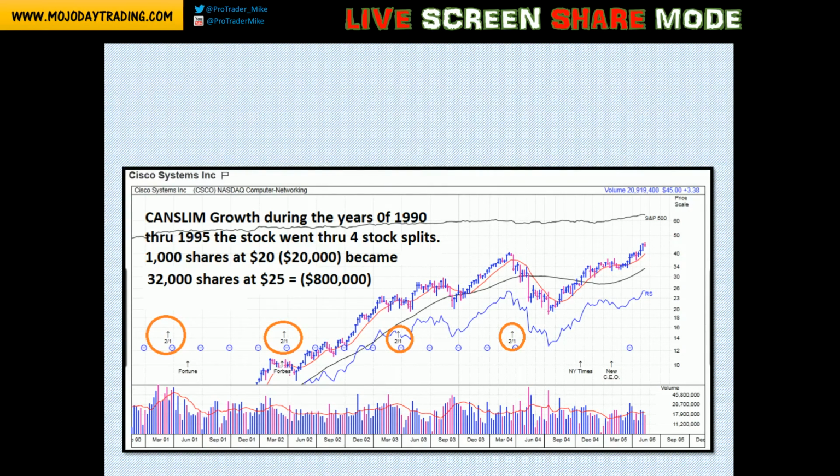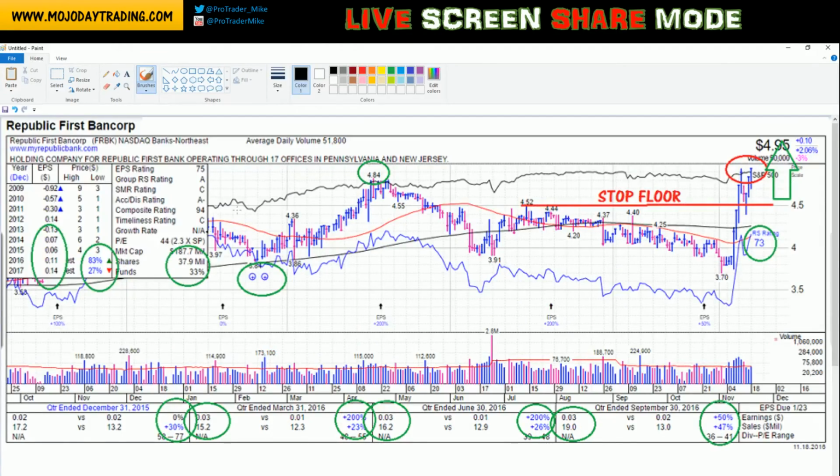Here is this stock right here, First Republic, where you could see a loss of making 7 cents, making 11 cents, making 14 cents, an 83% increase. They did a 50% increase this quarter, a 200% increase this quarter, a 200% increase this quarter, a big increase this quarter.